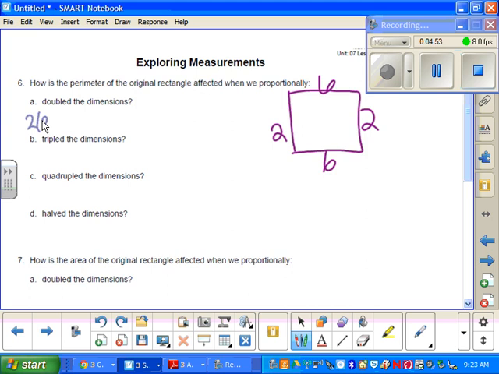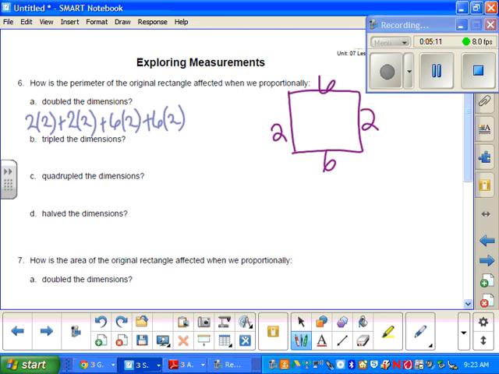Alright guys, we're still continuing on with the exploring measurements. And we went ahead and drew your little figure out there on the right. And how is the perimeter of the original rectangle affected when we proportionally double the dimensions on each side?